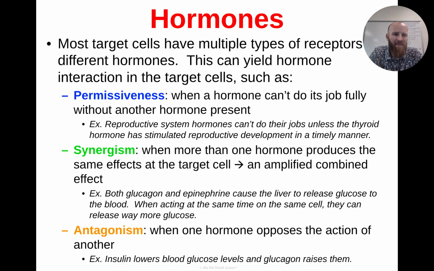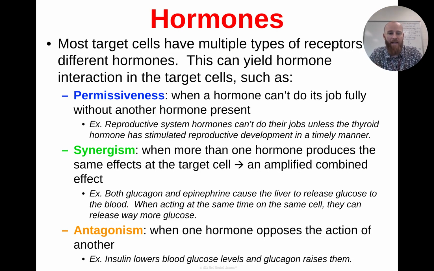So we've got permissiveness, where I can't do my job unless you tell me I can. You've got synergism, where, hey, let's work together and create a better effect. And then you have finally antagonism, where one hormone is going to directly oppose the action of another. So for example, this could be like insulin directly opposing the glucagon that raises your glucose levels, right?